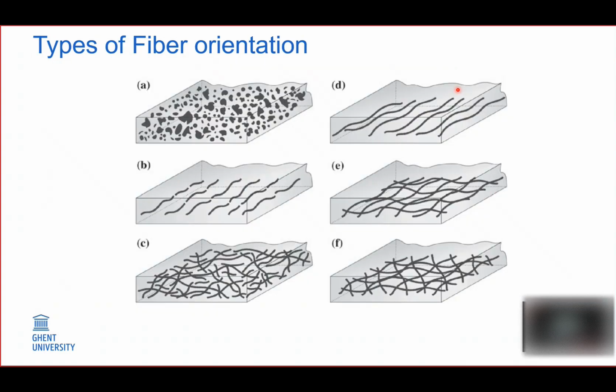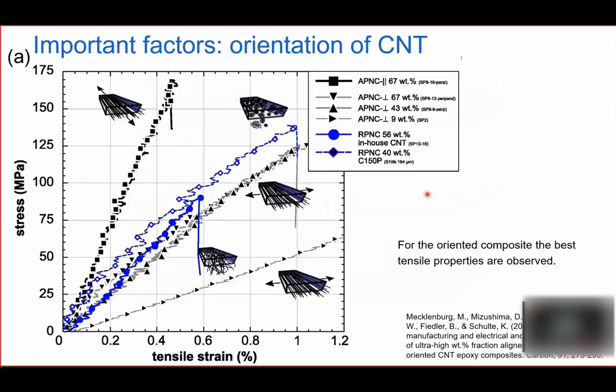Considering orientation, as we are talking about fibers, fibers can be randomly oriented or aligned or making a network, and that will also change the properties. For example, we can expect that parallel, aligned orientation of the carbon nanotubes enhances the mechanical properties, but random orientation will affect thermoconductive properties, for example.